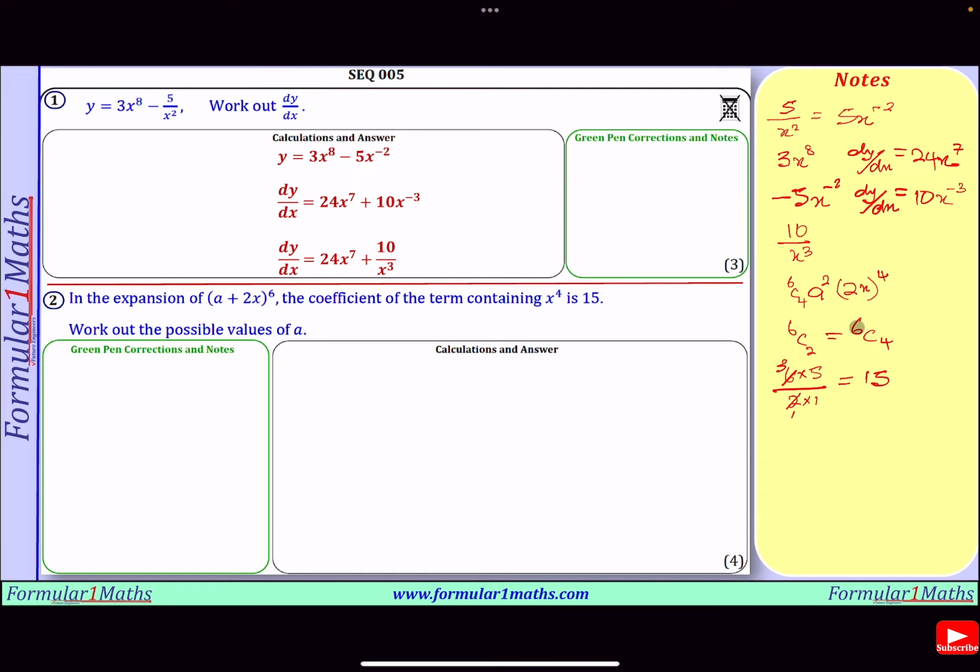If we chose to do 6c4 without a calculator, then we do 6 factorial and stop at the 4th term, like this. We stop here because of the 4. And then divide that by 4 factorial.